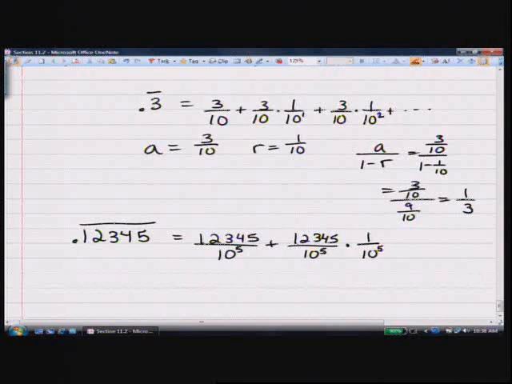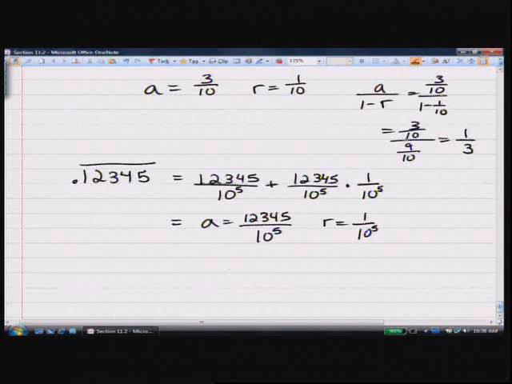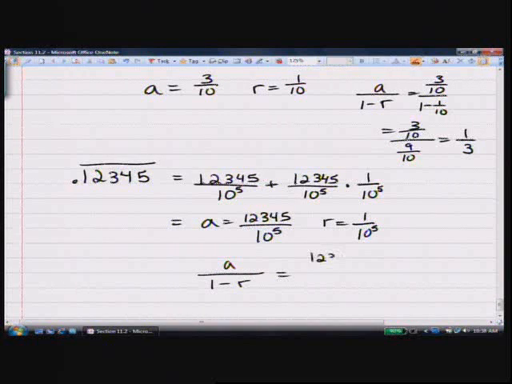That 5 comes from the fact that you're repeating 5 decimals. So that makes A this thing, and R this thing. And so this would be A over 1 minus R, which is 1, 2, 3, 4, 5 over 10 to the 5th, over 1 minus 1 over 10 to the 5th.